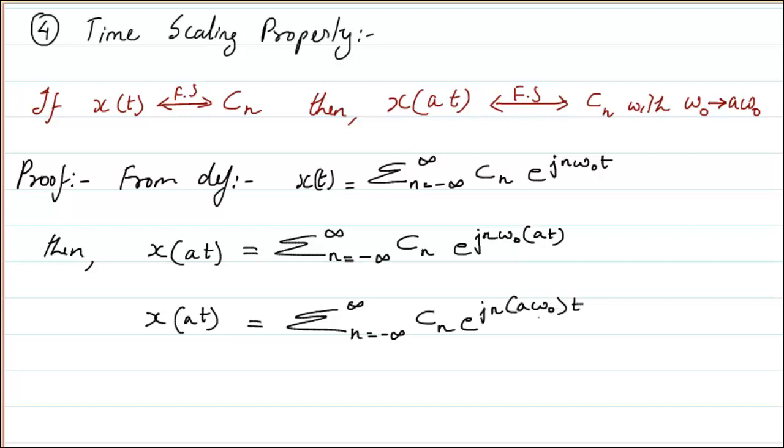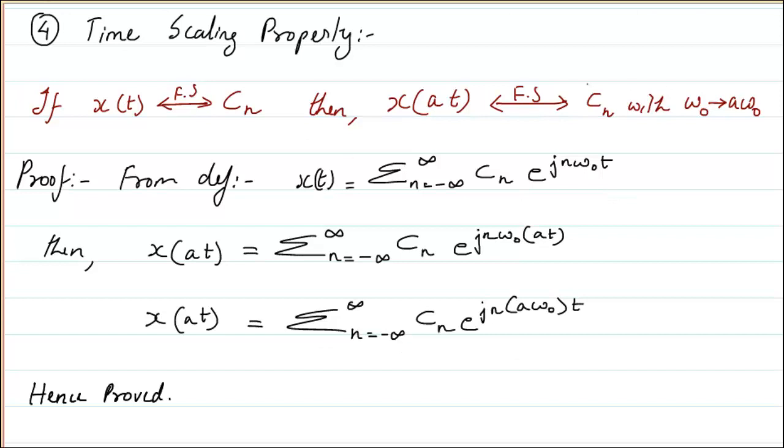So here you can see that this equation corresponds to the original equation with C of n being C of n itself, but what has changed is that instead of omega naught we have a omega naught. That is the only difference that is going to happen.